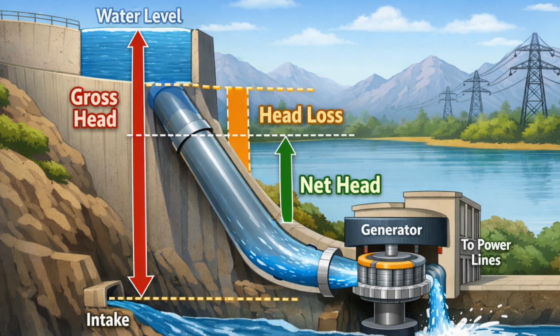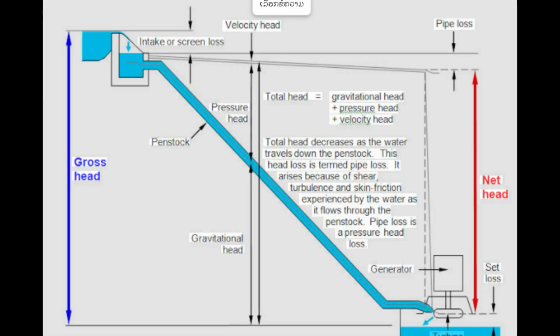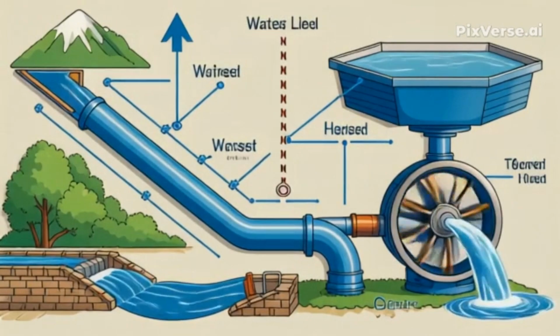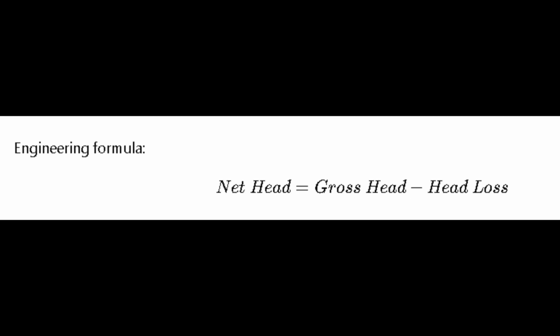Head loss, energy lost due to pipe friction and bends. Net head is the real usable head at the turbine. And net head is simply: net head equals gross head minus head loss.